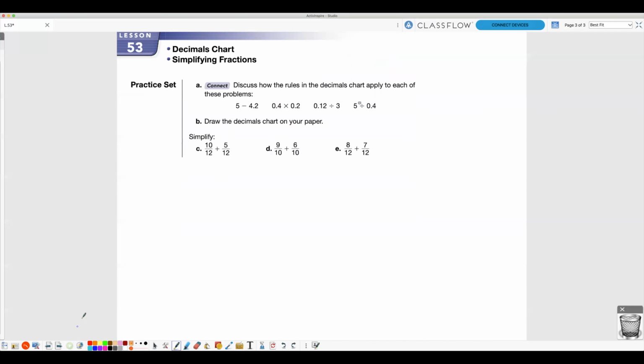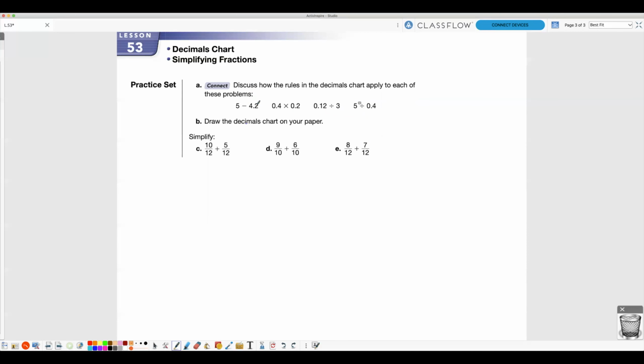All right, let's try a few of these. So discuss how the rules in the decimals chart apply to each of these problems. So if you have letter A, 5 minus 4 and 2/10. In this case, actually, here's what I'll do for this one.